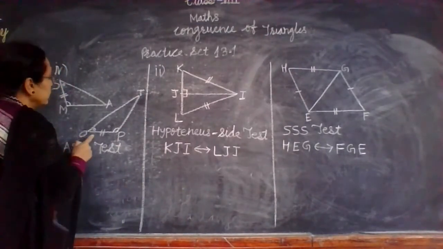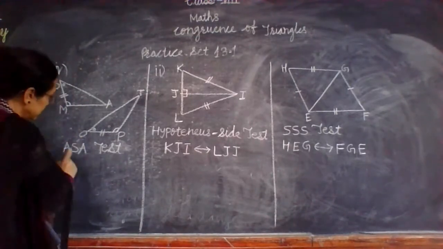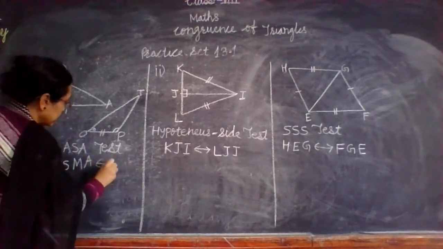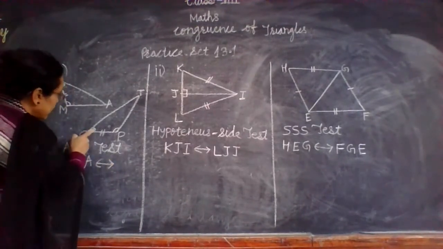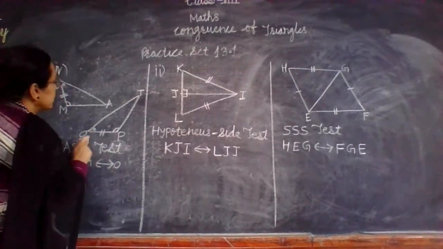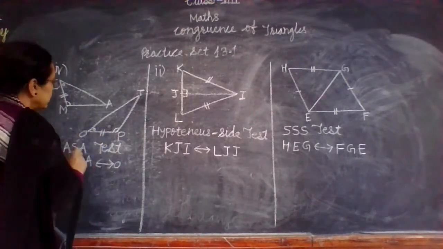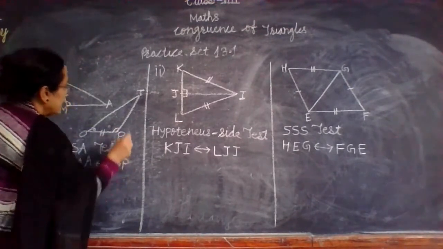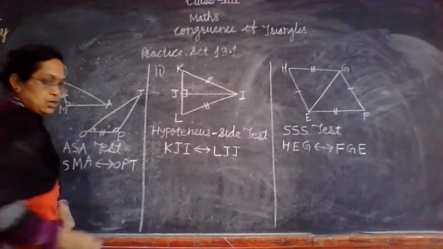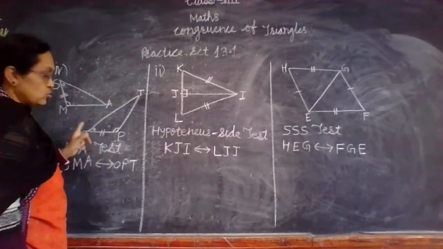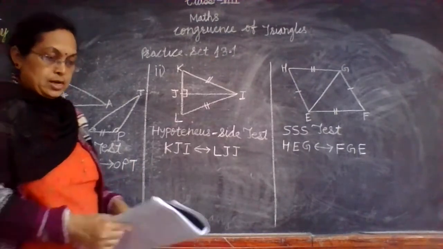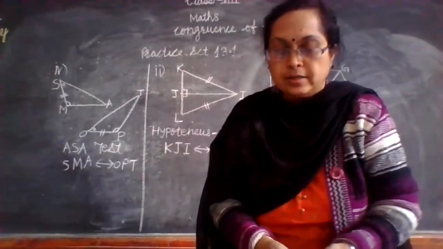Now we have to write the correspondence of vertices. So we will start from S here, SMA, then it is corresponding to, instead of S I will write this O, and then this side, that is, instead of SM it will be OP, and last point is here, it was A, it is here T. So by this test, these two triangles are congruent, and this is the correspondence of vertices.